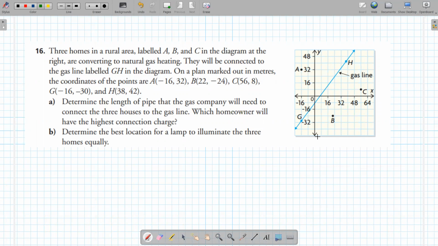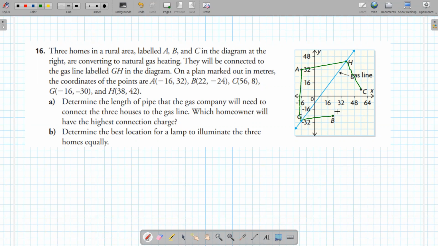What do you think they're asking us in this question? They're asking you for the distance from here to here, connected to the gas line, the distance from here to here, the distance from here to here. That's it, because the lines need to be connected to the houses.